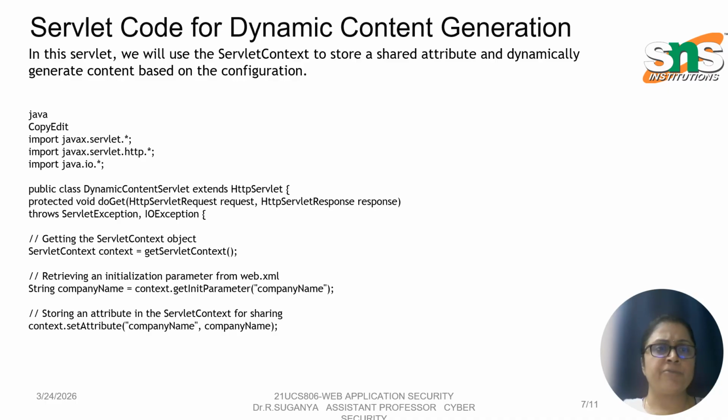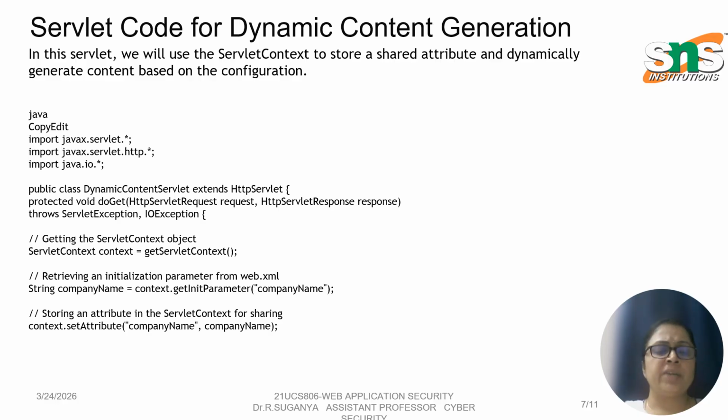And next is the servlet code for dynamic content generation. In this servlet, we will store a shared attribute and dynamically generate content based on the configurations. Here we have the import of Java packages. We have the public class name which extends another class name and throws exceptions too.